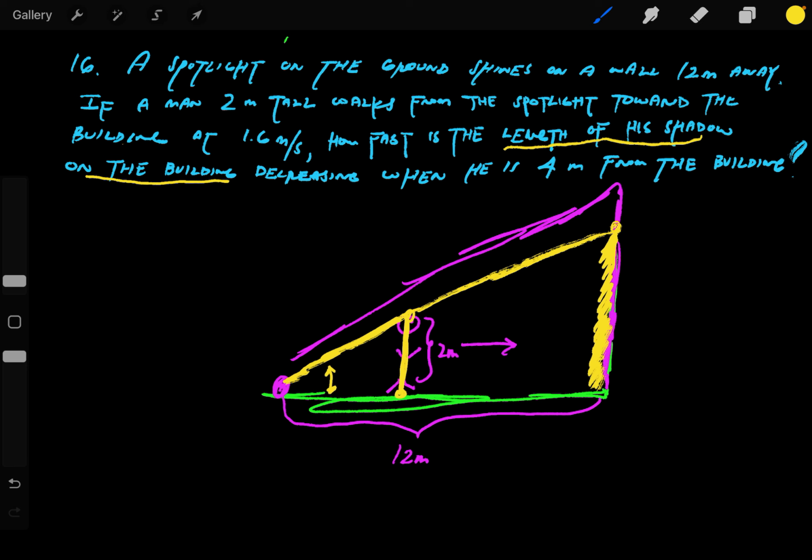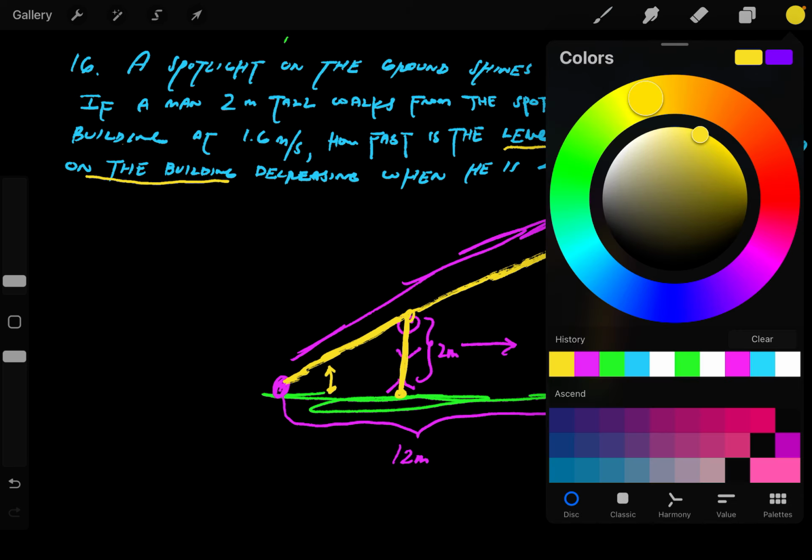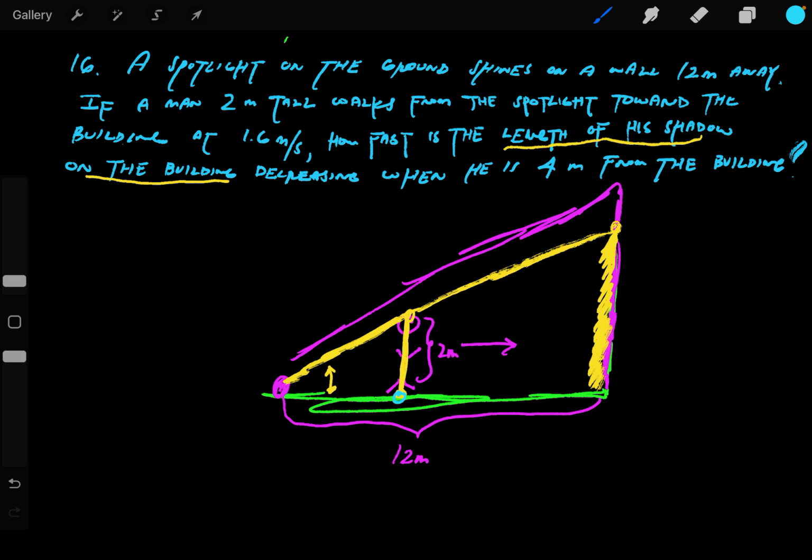I'm going to call this length X. I'm going to call this length Y. And I'm going to try and come up with a relationship between these quantities.